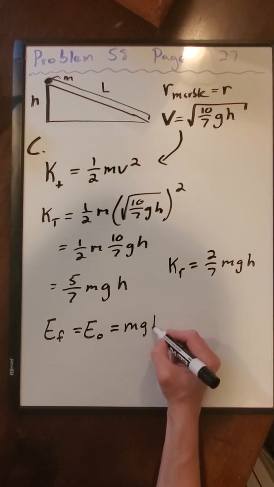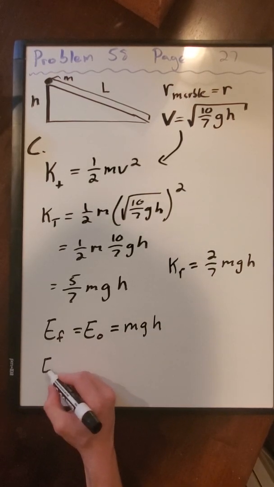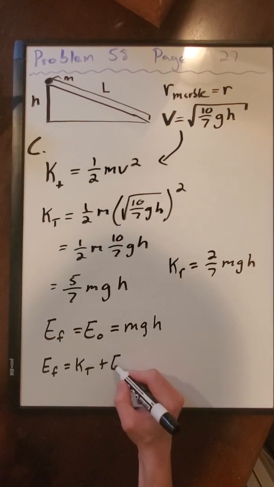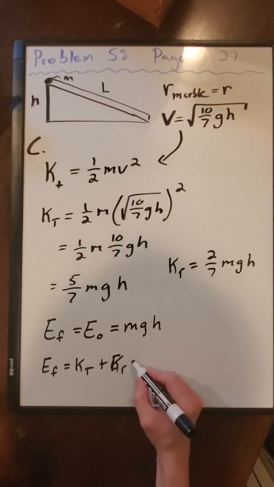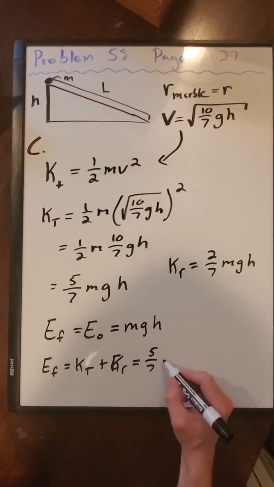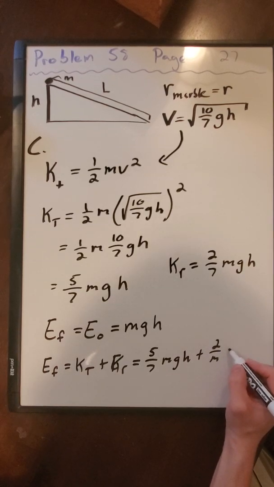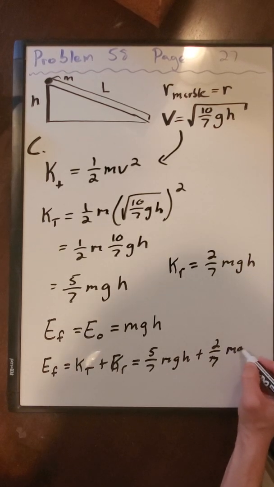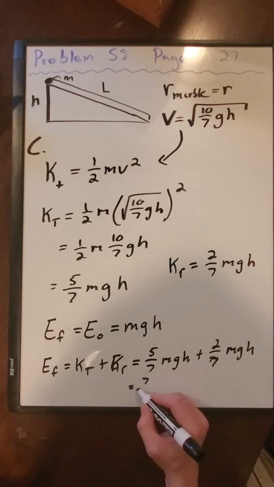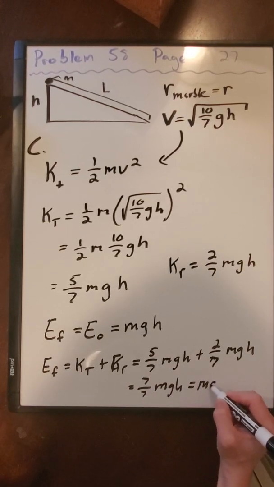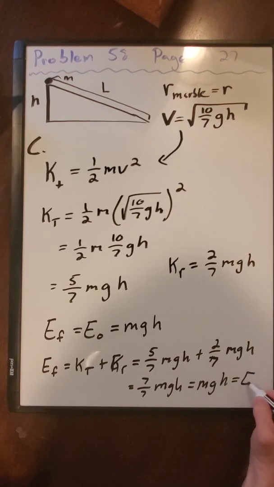And if we actually do the math, because our final energy is equal to our translational kinetic energy plus our rotational kinetic energy, we find that 5/7 mgh plus 2/7 mgh is equal to 7/7 mgh, which is just equal to mgh, which is equal to our initial energy.